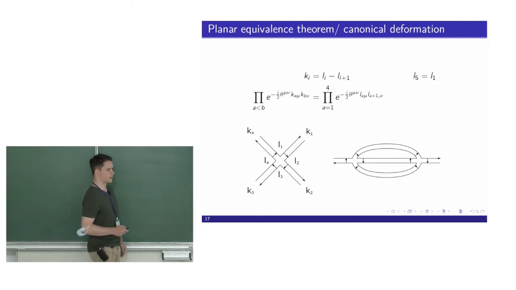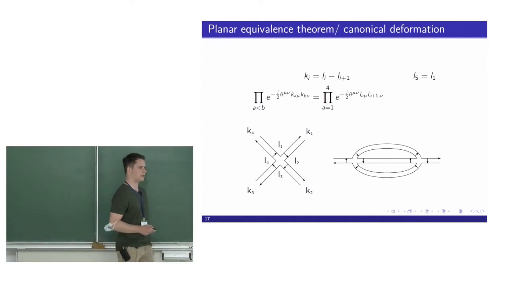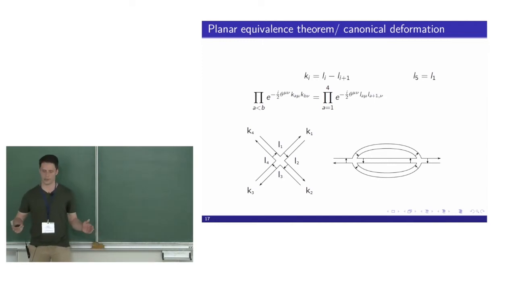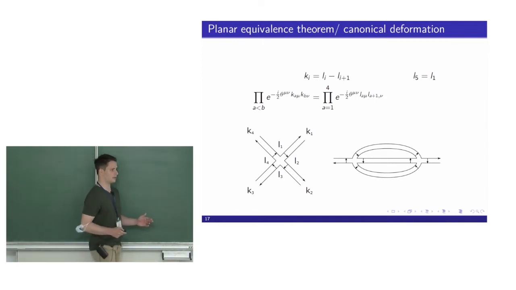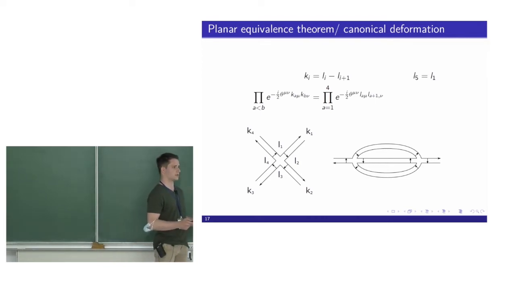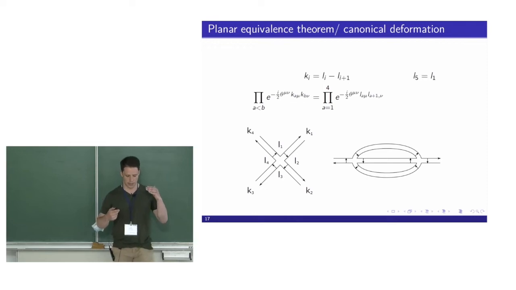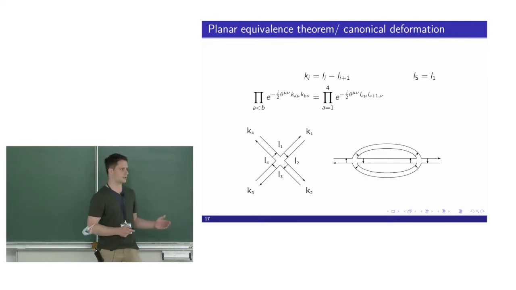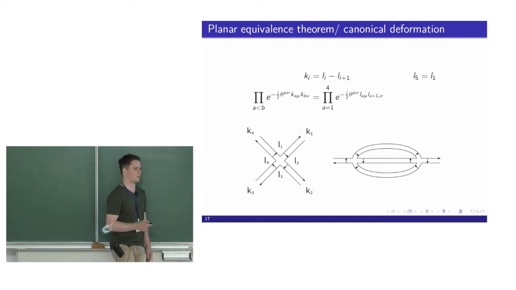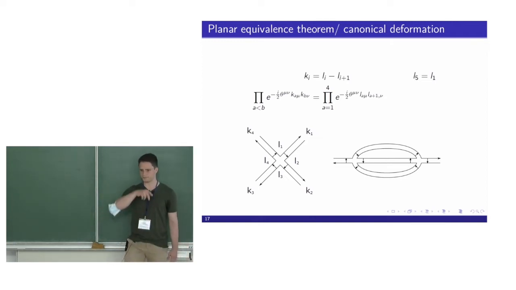So that means that we don't have star products between internal propagators. There are just star products between external propagators left, which is remarkable because now we are able to use the undeformed planar diagrams, and multiply these star products on the external momenta afterwards.